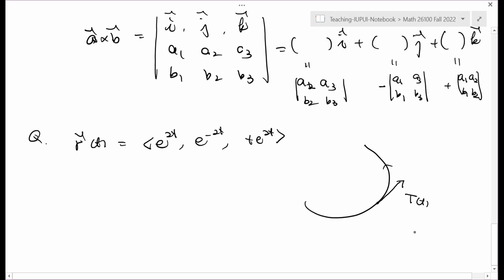And I can also use this to get the unit tangent vector. But gamma prime t may be shorter than that. You also have another vector, gamma double prime t, when you continue to differentiate. Gamma prime t and gamma double prime t are two vectors that are linearly independent. So you can use that to create another vector perpendicular to the tangent vector.